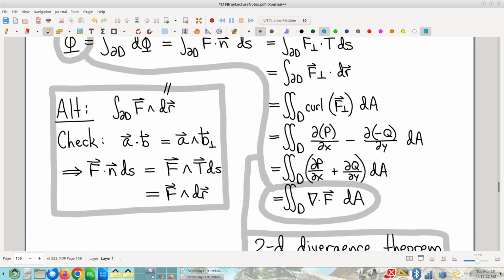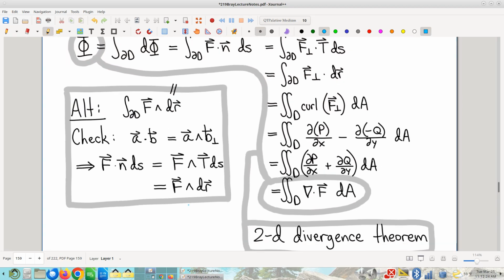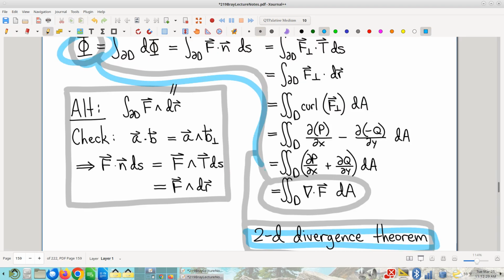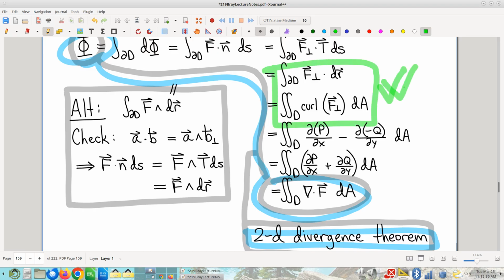We like it. This is what we call the two-dimensional divergence theorem. And notice how we proved this, though. Green's theorem did most of the work. Green's theorem was the thing that did the lion's share of the effort, with me playing around with notation before and after that.